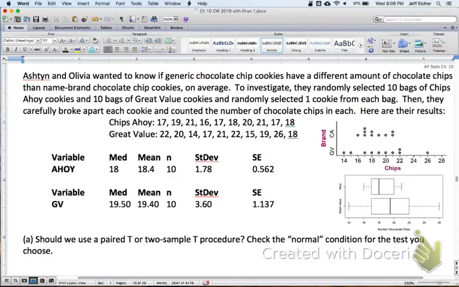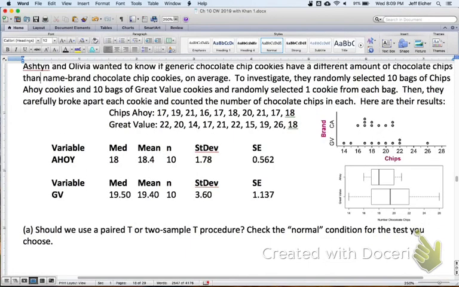Then they carefully broke apart each cookie and counted the number of chocolate chips in each. There were no cookies harmed in the making of this investigation. Here are their results. We have some summary statistics, and we have a dot plot and a box plot. How fascinating.